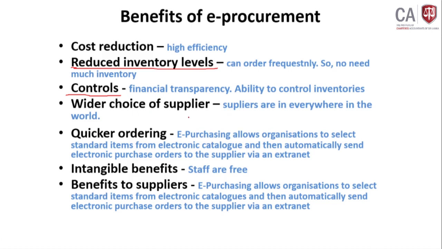Wider choice of suppliers. Suppliers are everywhere in the world. You don't have to worry about the suppliers' location, where they are, what type of customers. With an e-procurement system, you are open to the world, so you can get bids from other countries as well.